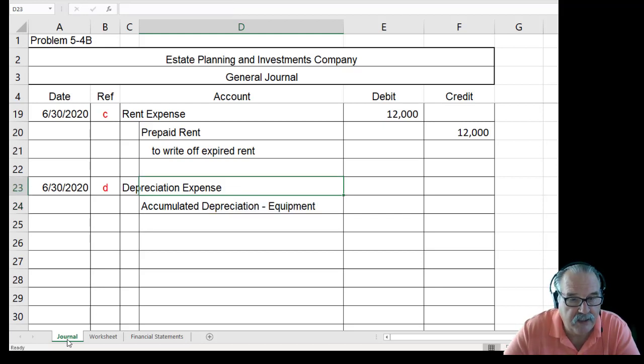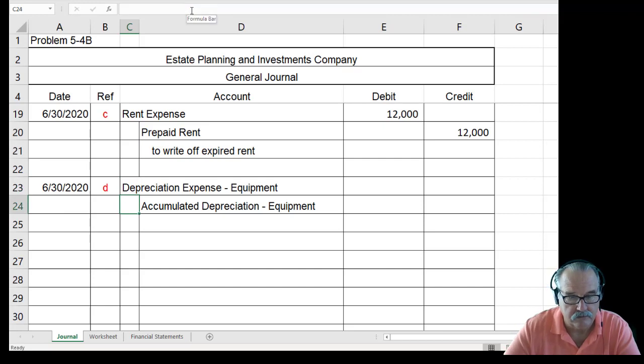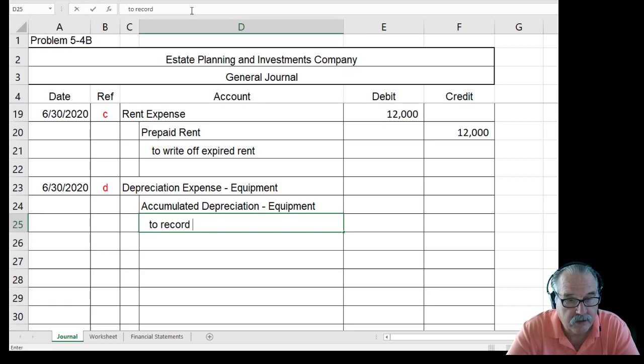And we could even say depreciation expense equipment if we want, although there's only one depreciation account, but we'll do it anyway. And this is to record depreciation for the month, or something like that.